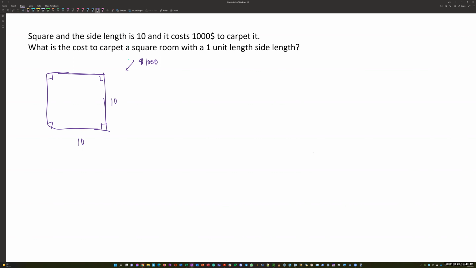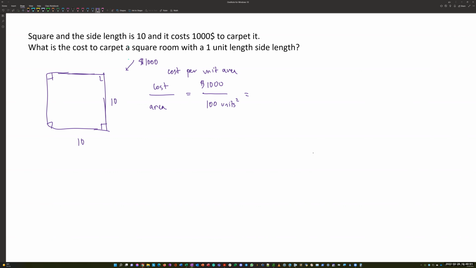Turns out you should divide by 100. And if it was volume, turns out you should divide by 1,000. All right, 10 times 10 times 10. So the reason why is that if I wanted to say what the cost is per unit area in this case, then that would mean it's $1,000 per 100 units squared.